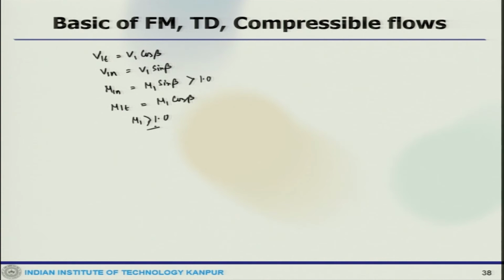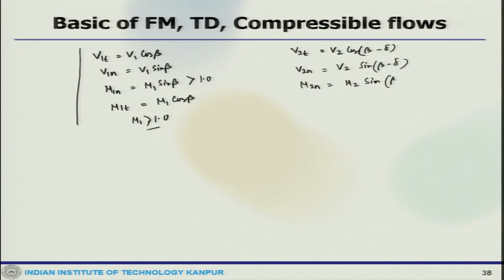So, using the velocity triangle one can easily write this. Similarly, at the downstream location V2t would be V2 cos(beta minus delta), V2 normal component would be V2 sin(beta minus delta). So, normal component of the Mach number would be M2 sin(beta minus delta), which is less than 1, and M2t, which is M2 cos(beta minus delta), and M2 is also supersonic.